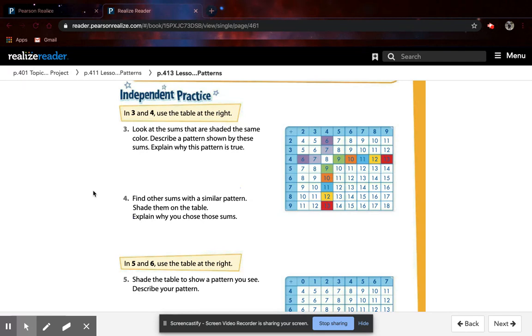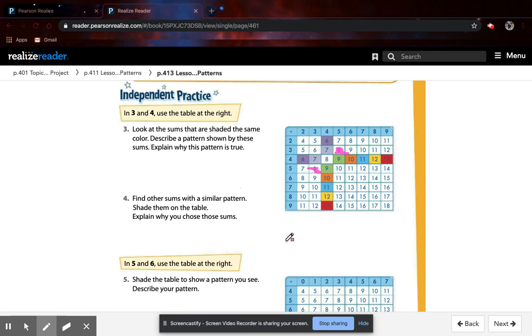For number 4, it says find other sums with a similar pattern, shade them on the table. So this is where you could have shaded in, and this is where I'm going to go in with my marker or my little pen. And I'm going to shade in the 8 right here and the 8 right here. But this is for number 4, okay? And I don't have to find more than one. I found 2 other sums.